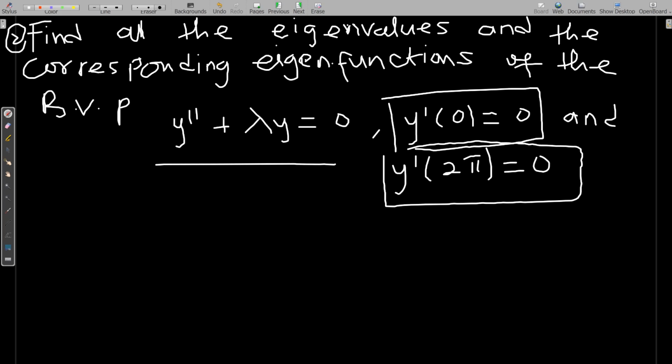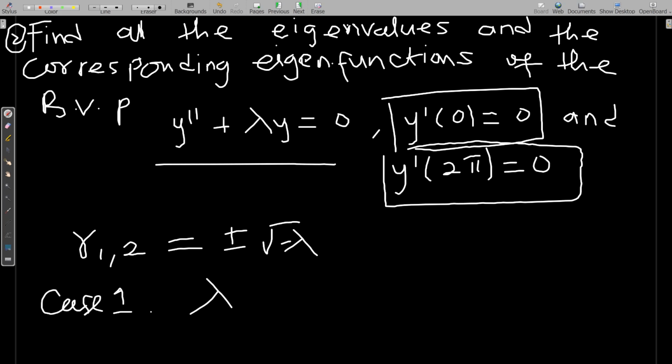The solution for this, we've already solved this. Going through that same thing, you have r 1, 2 will be equal to, if you remember the first question, plus or minus square root of minus lambda. And so for case 1, you have to do the same as case 1.